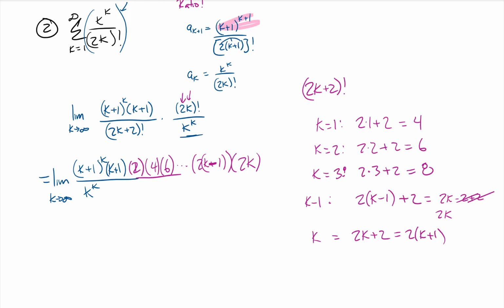Now we're going to deal with that 2k plus 2 factorial. So we're going to end up with a 4, a 6, an 8, dot, dot, dot, and now we go up to our k minus 1 term, which was just 2k. And then we're going to get our 2 times k plus 1.